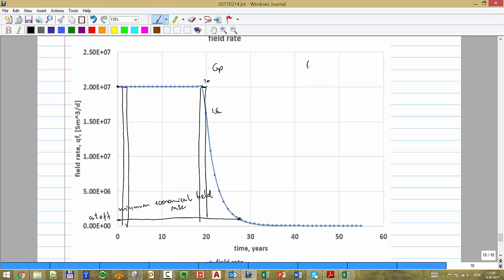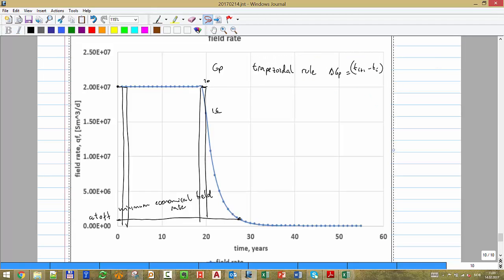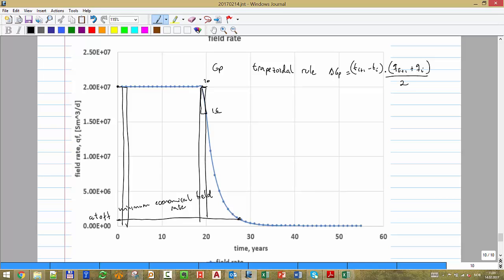If you remember the trapezoidal rule, delta GP is equal to, anybody remembers, time i plus 1 minus time i, times Qi plus 1 plus Qi, divided by 2. If you refresh your numerical methods, I can make it like a trapezoid, and then I can improve the calculation of the GP much better.